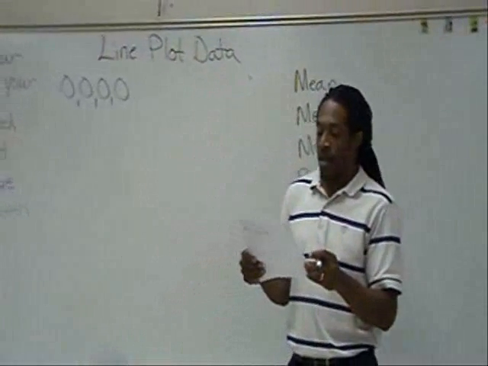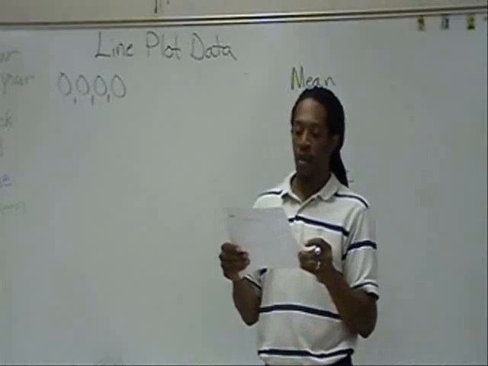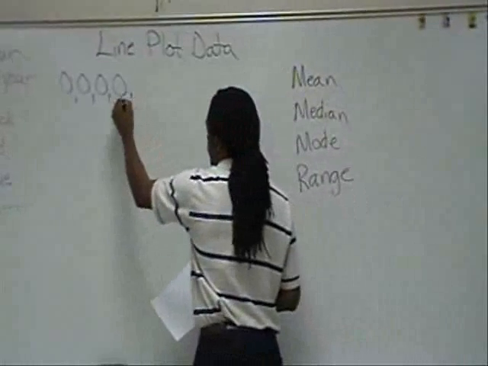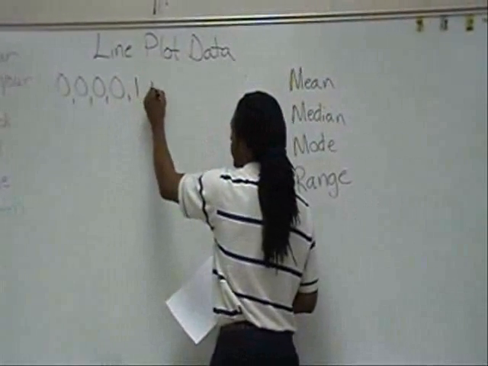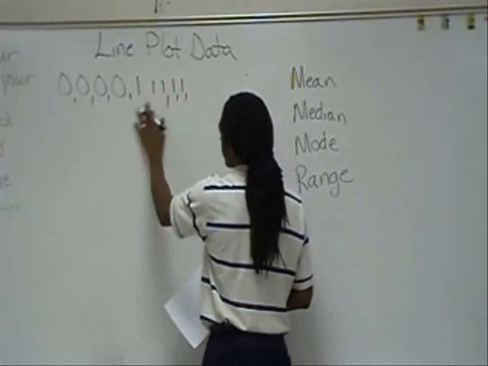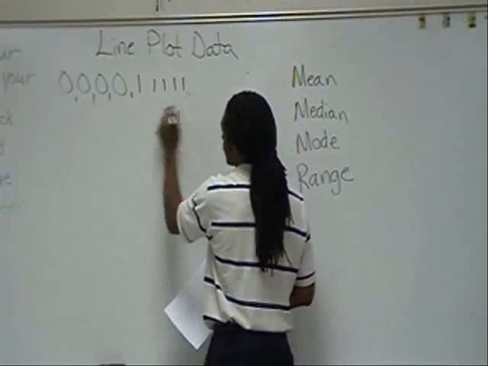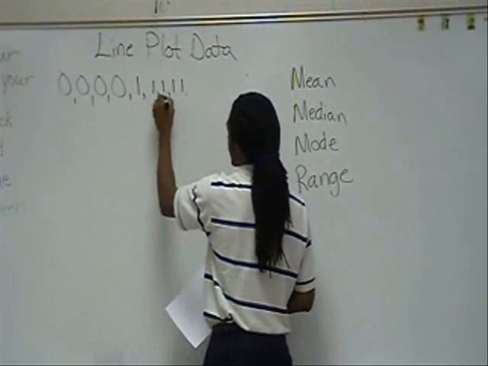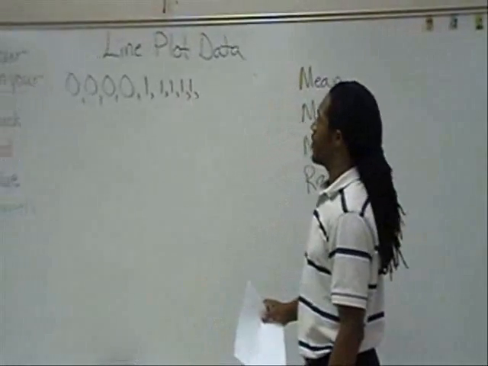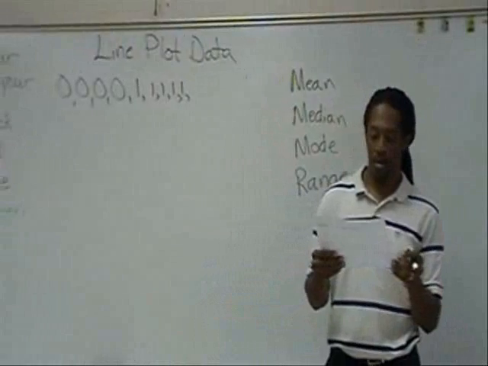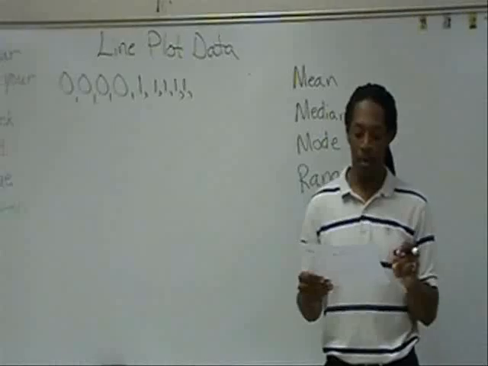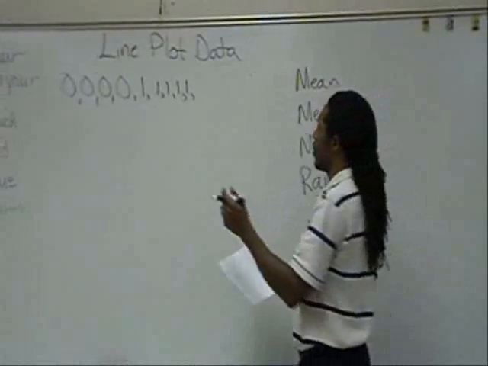Alright, next we have 1, 2, 3, 4, 5 X's over 1. So 5 people said they have 1 pet. Okay, let me make my commas look a little bit better so you won't think that they are ones. Okay, 5 people said they have 1 pet. 4 people said that they have 2 pets.